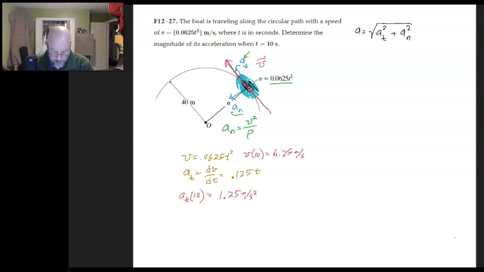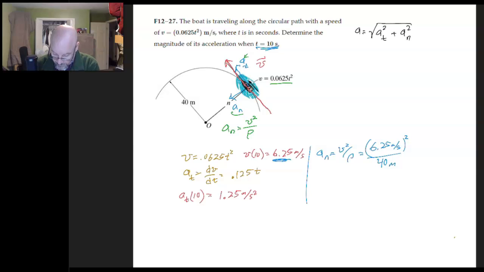So now that we've got those, let's dig in and get the normal acceleration. That's the v squared over rho term. We want to use this speed right here because we're interested in what's happening at the 10-second mark. So at 10 seconds, it's going 6.25. So here we're going to have 6.25 meters per second, squared, over rho, which in this case is 40 meters.